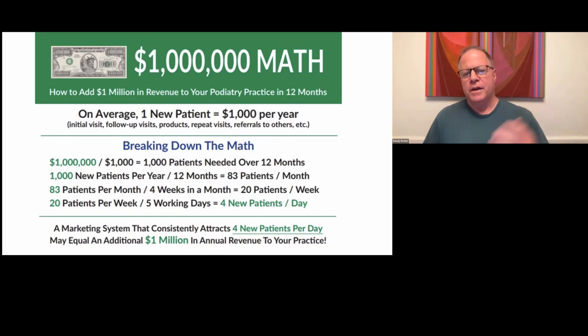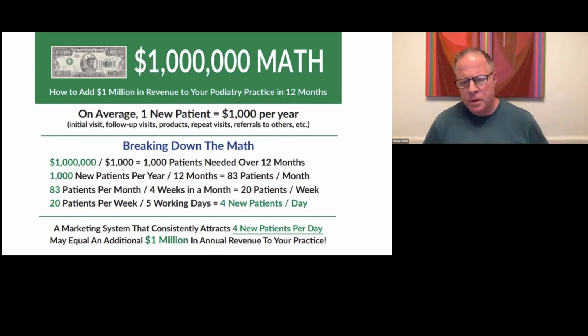If on average 1 new patient is worth about $1,000 over that first year, like I just mentioned, if you break down the math, $1 million divided by $1,000, you'd need about 1,000 patients over that 12-month period. Hopefully that makes sense. And 1,000 patients per year, divided by 12 months, is basically about 83 patients a month. And 83 per month is about 20 per week, approximately. And 20 per week over, say, a 5-day work week is about 4 new patients a day.